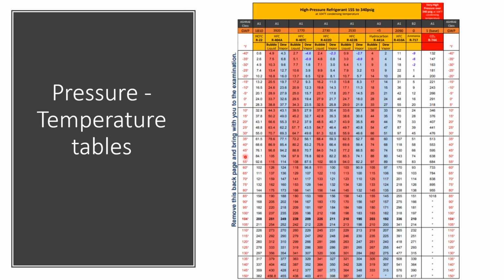So at 45 degrees, what this table is telling me is that the pressure within that R22, that refrigerant pressure, is going to be 76.1 psig. All right. So at 76.1 psig, I have a known temperature of 45 degrees.